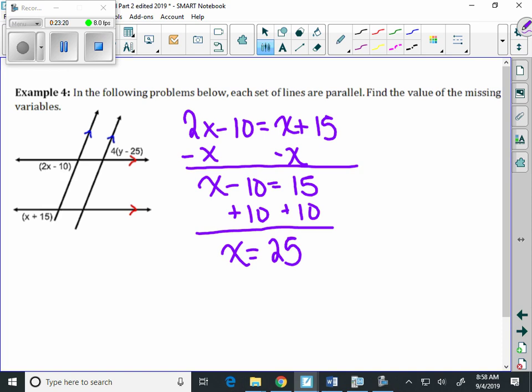But what we also have to figure out is, what does y equal? The other type of angles that we have in here, I'm particularly looking at 2x minus 10 and 4 times the quantity of y minus 25. Those are alternate exterior angles.